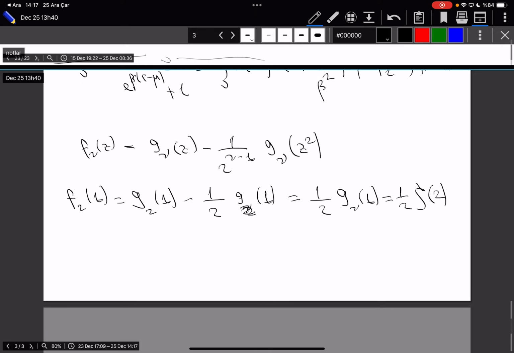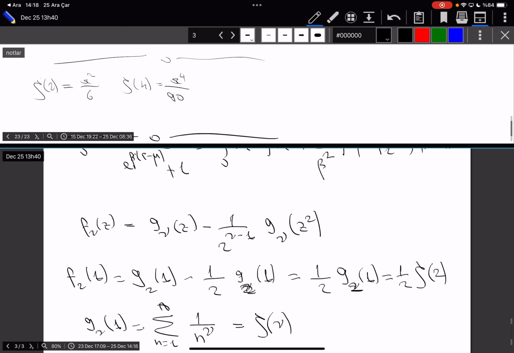Remember, G nu of 1 was given by the sum over n from 1 to infinity of 1 over n to the power nu, which is nothing but the Riemann zeta function evaluated at nu. This Riemann zeta function has its values tabulated, so zeta 2 is pi squared over 6.